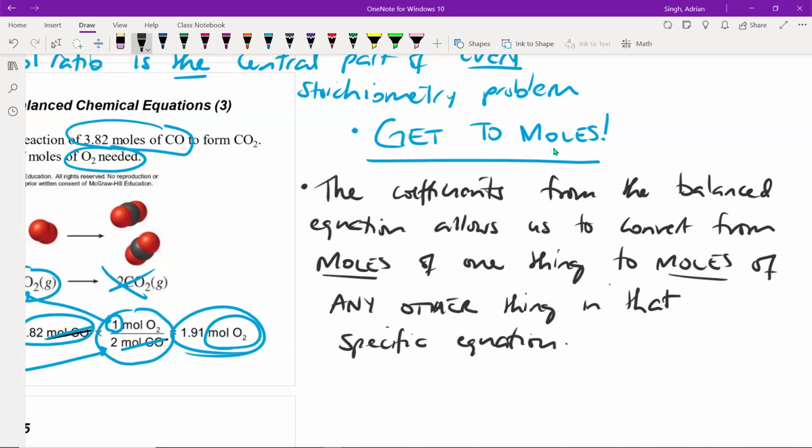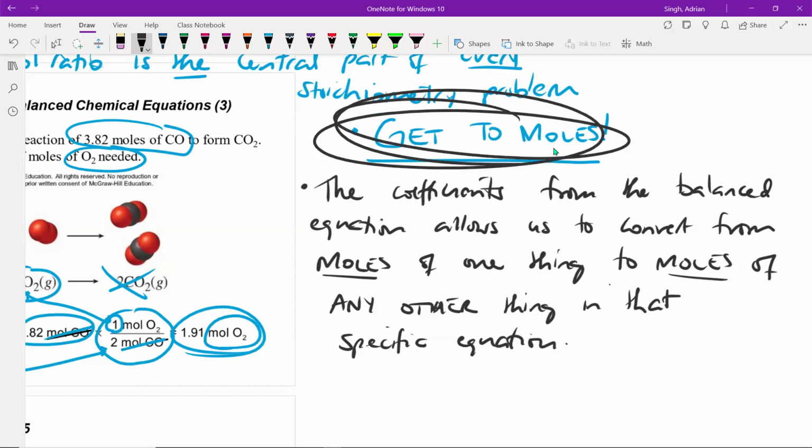Okay, that's the key tenet of this. And again, in order to use that, we need to get to moles.